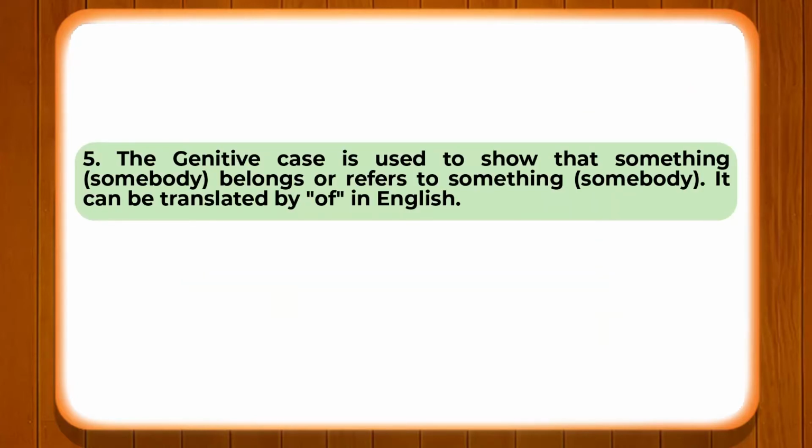So the fifth one is genitive case. The genitive case or родительный падеж is used to show that something or somebody belongs to or refer to something or somebody. What does it actually mean? It means to indicate possession of. It can be translated as of in English, like берег реки, берег чего, bank of what?